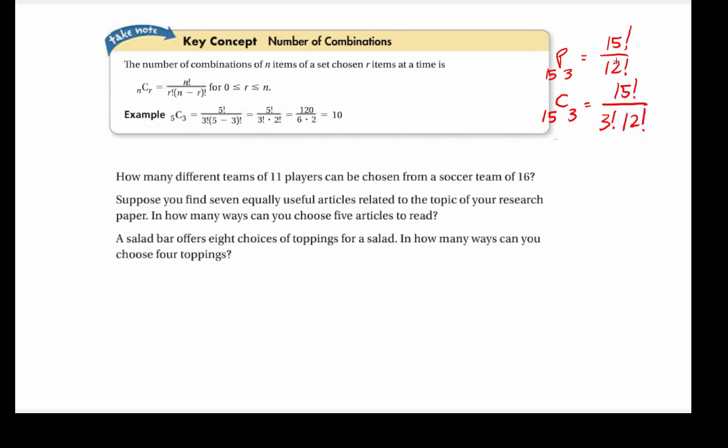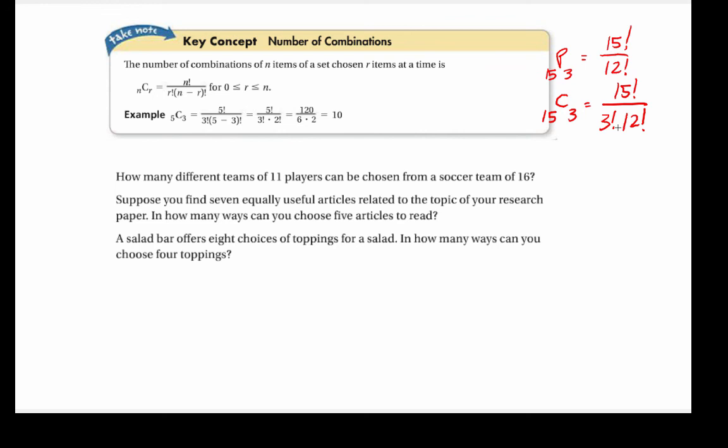Now if you think about the value of those 2 expressions, which one of those is a larger number? In my permutation and combination, the numerators are the same, 15 factorial. In the permutation, my denominator is 12 factorial. In my combination, my denominator is 3 factorial times 12 factorial.